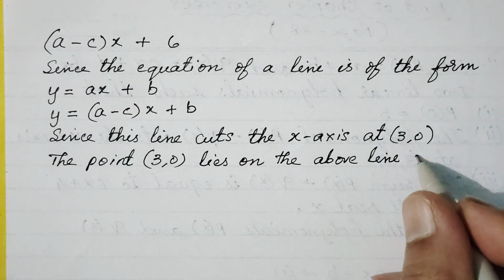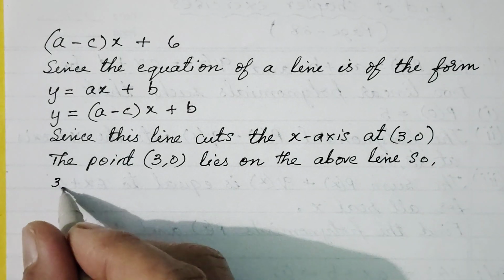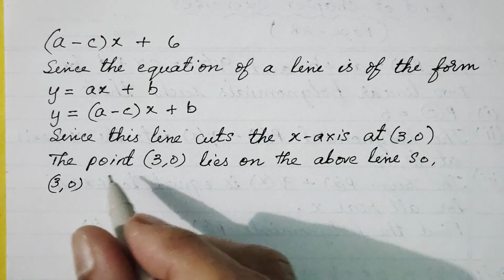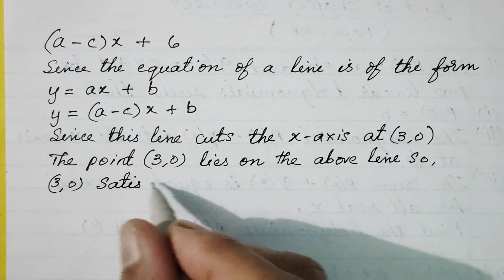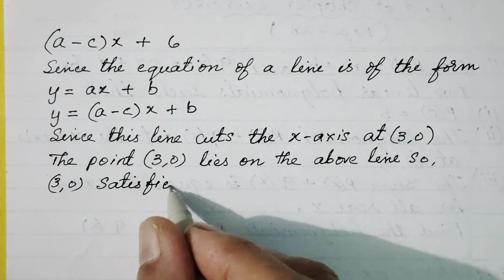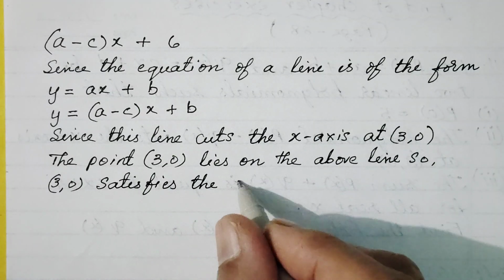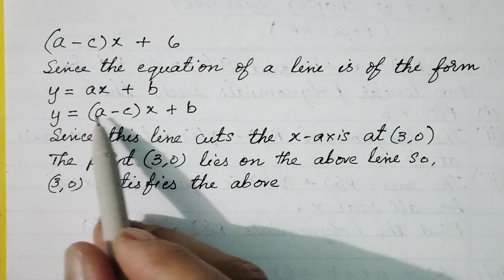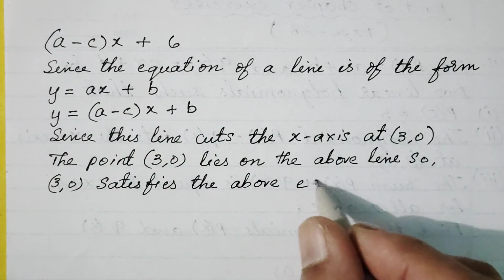So (3, 0) satisfies the above equation. This equation y is equal to a minus c x plus b.